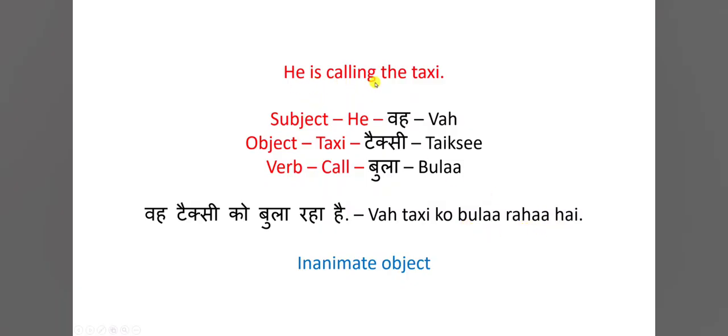He is calling the taxi. When we use ko with inanimate objects, ko will be equivalent to the. So these are the rules. Let me give you a few more examples.